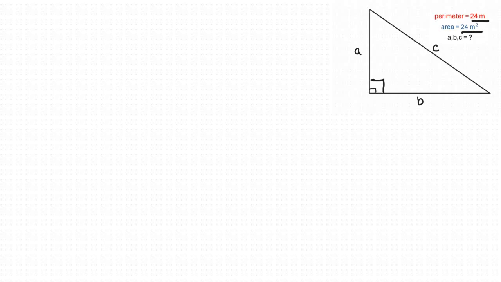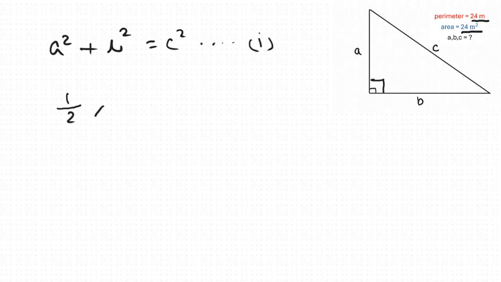From the Pythagoras theorem, we know that the hypotenuse square equals perpendicular side square plus base square. So we can write A square plus B square equals C square. Call this equation number 1. The area of the triangle is given, so we can write area formula half times base B times perpendicular side A equals 24.